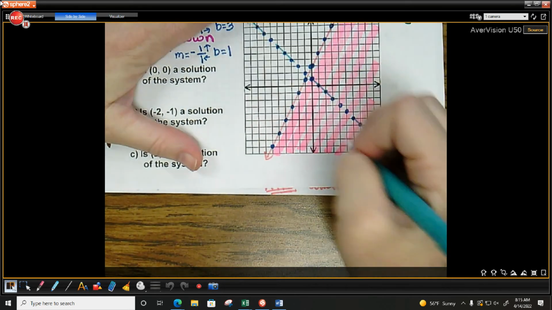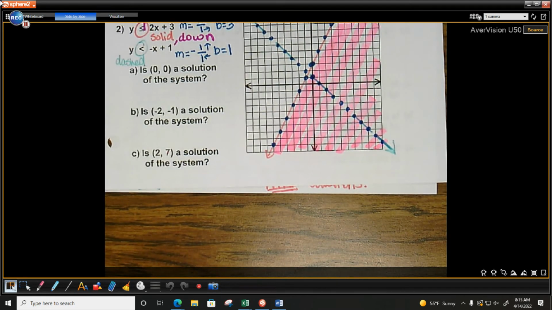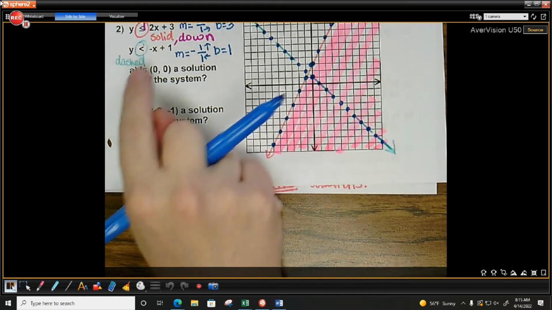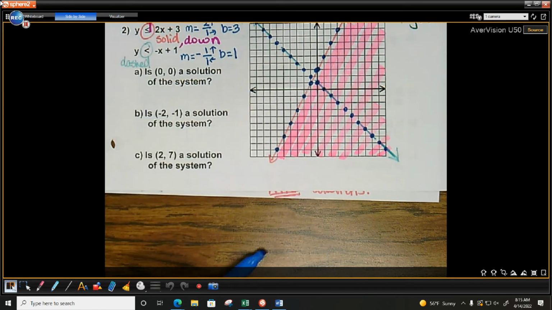Okay? Does this help me make a P or D, guys? P or D? D for down. So we said D for down.